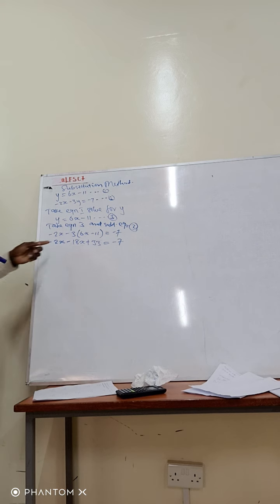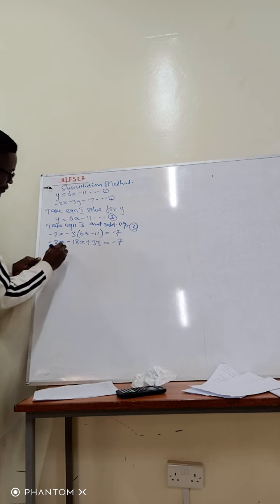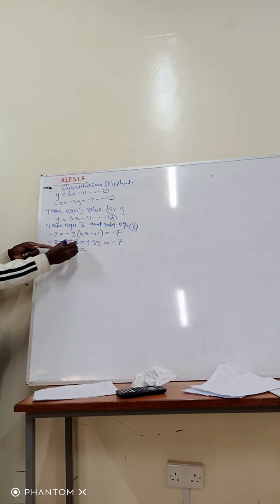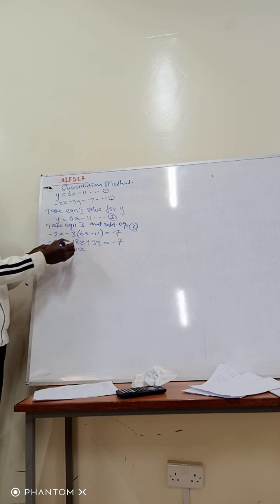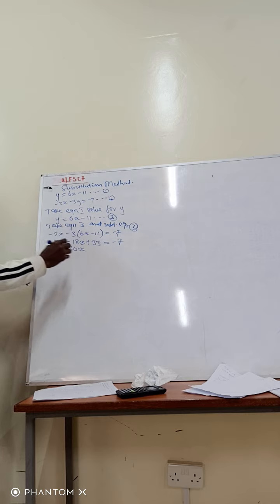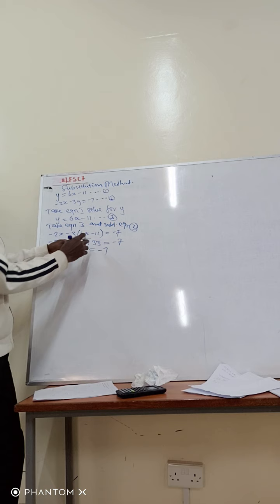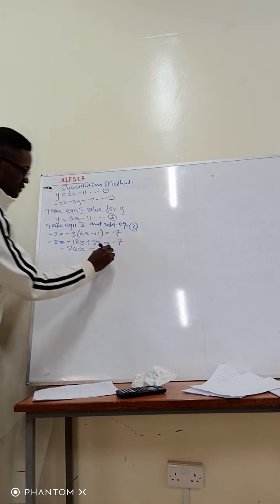So also use your calculator. Negative 2, negative 18 is going to be what? Negative 20x. Now we are bringing this together because this is x and this is x. So negative 2, negative 18 will give you negative 20x. Now this 33 is a constant, so we take it to the other side. So this is equals to negative 7, and positive 33, when it crosses over to that side, becomes negative 33.